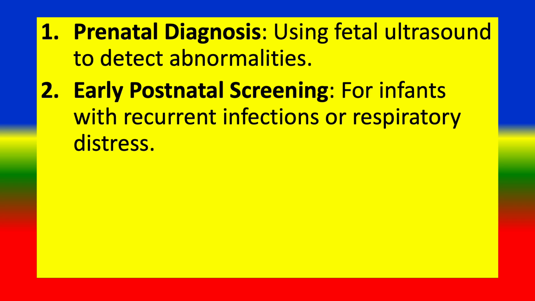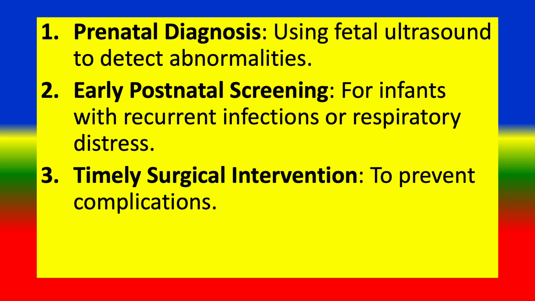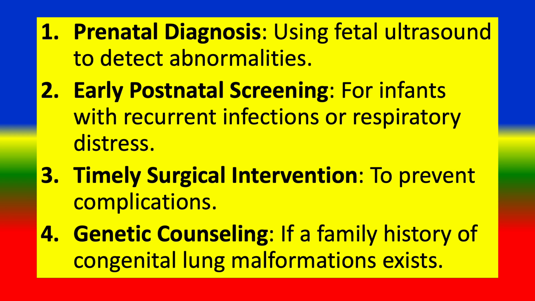Early postnatal screening for infants with recurrent infections or respiratory distress. 3. Timely surgical intervention to prevent complications. 4. Genetic counseling if a family history of congenital lung malformation exists.